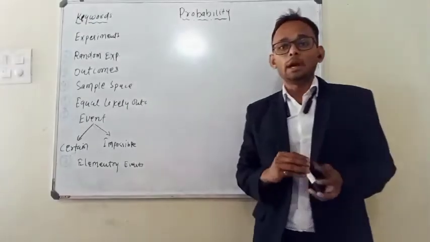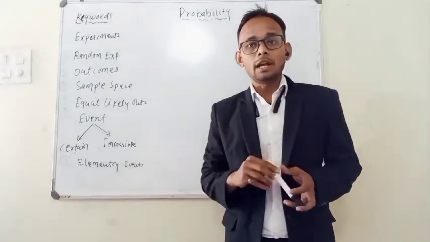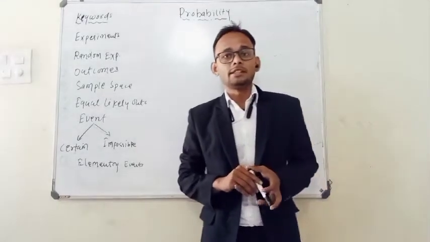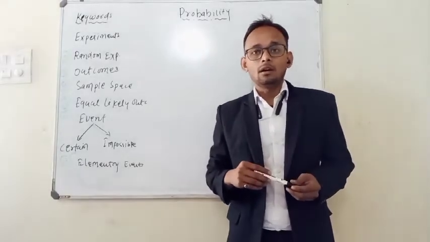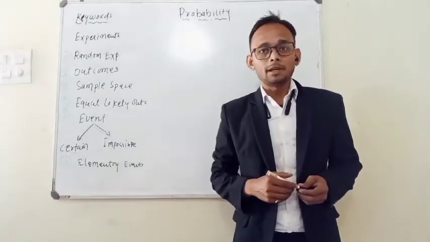There are two approaches to probability. One is the experimental approach and the other is the theoretical approach, or classical approach. In class 9 we learn about the experimental approach. What is the experimental approach?